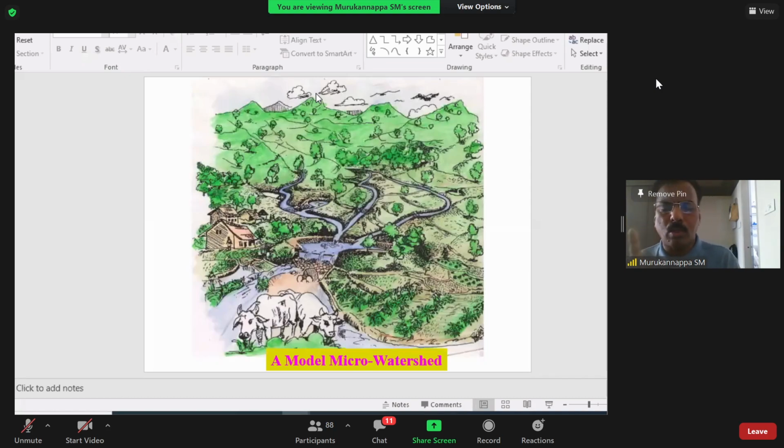In a given area, whatever area you have selected, that area has three different components, different features. One is arable land, which requires certain kinds of conservational measures, and another one is non-arable land. It has only a few perennial plants grown, so it is not possible to grow annual crops.